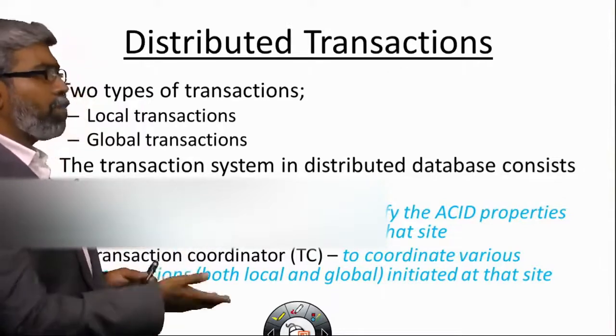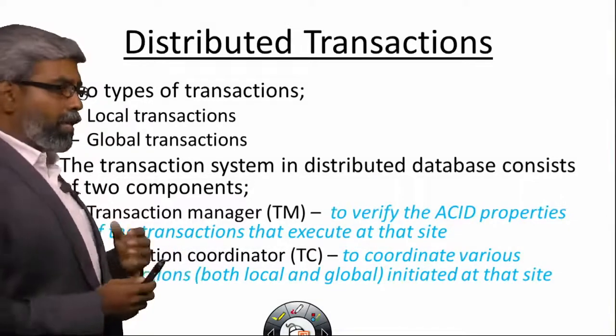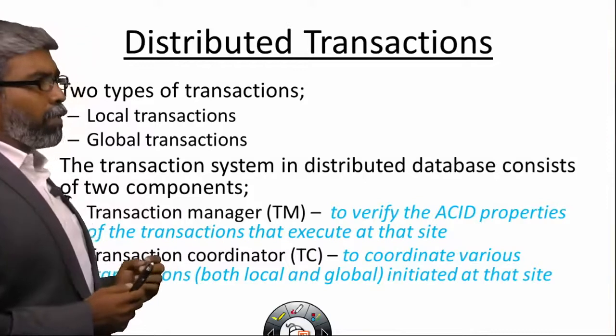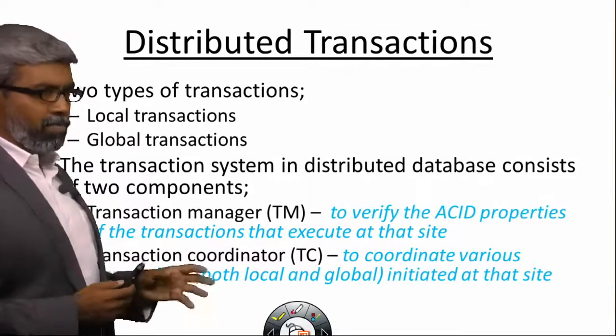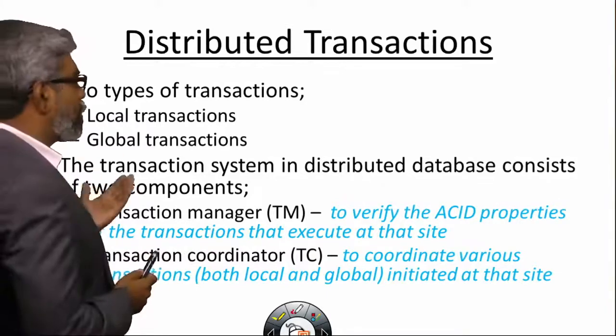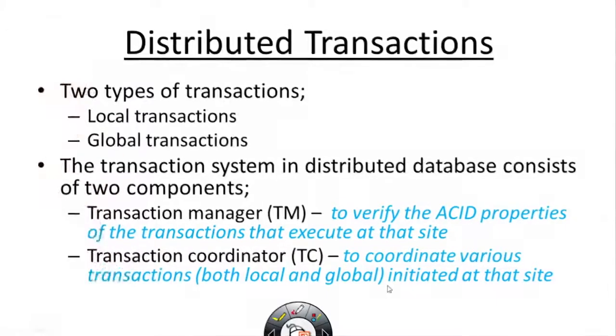The other one is global transaction. Consider another case where the user needs to access data which is not residing in the local server. Instead, it is stored in some other server. So what will happen? The user raises a request. The transaction request goes to the local server, and the local server cannot find the data in its database.